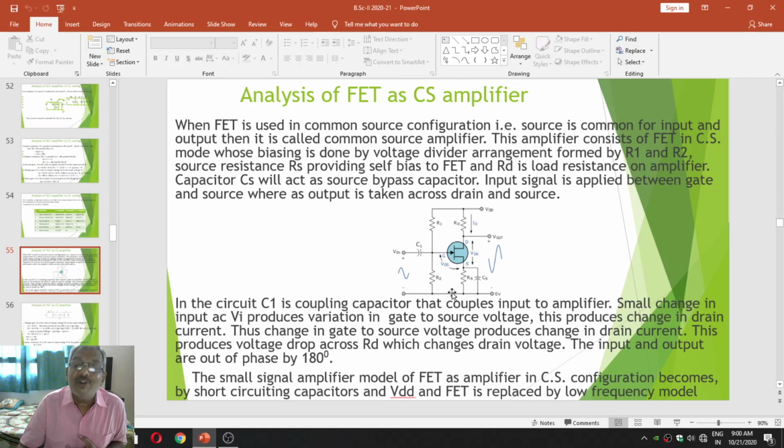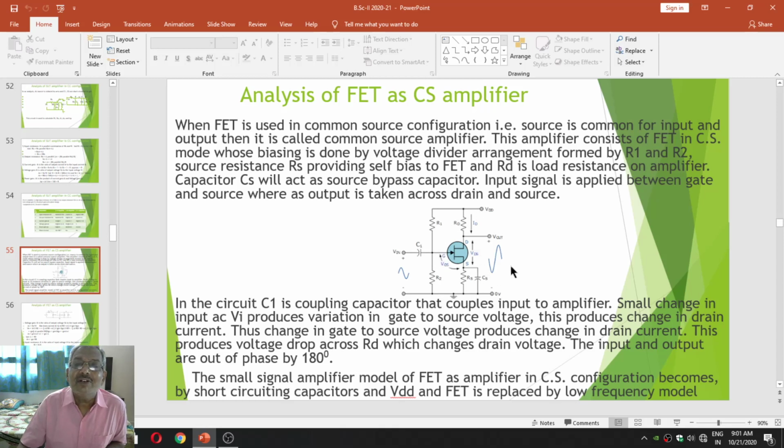We have already studied the voltage divider biasing network, that is R1 and R2, which are connected in parallel, and the equivalent resistance is given as R1 R2 upon R1 plus R2, whereas the voltage across R2, that is R2 upon R1 plus R2 into VDD, is provided as the gate to source voltage for biasing purposes.